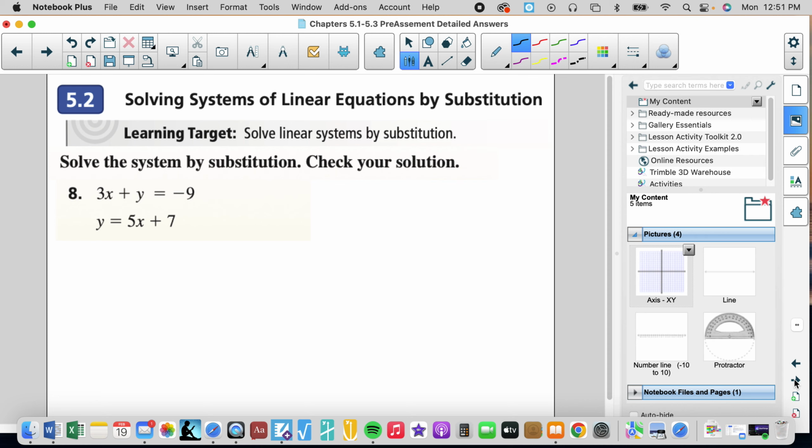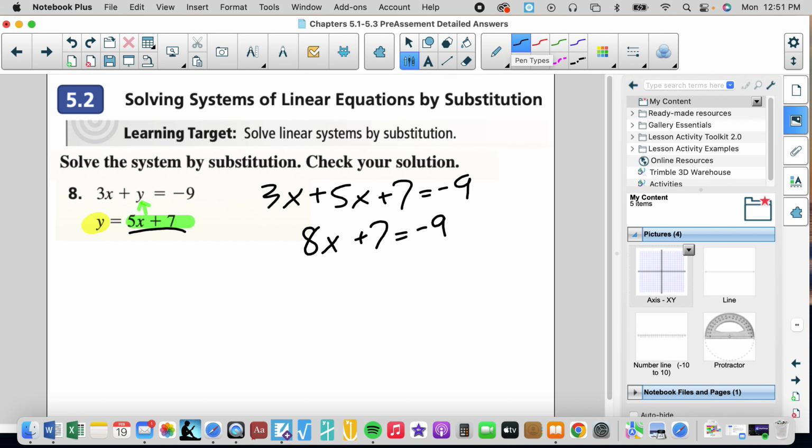All right, 5.2. 5.2 is going to use the substitution. Substitution, not always, we have to isolate. We tend to isolate one variable, and we're going to substitute it back into the other equation. So my equation says 3x, instead of writing y, we're going to write what y is equal to in terms of x. So that's 8x plus 7 equals -9.